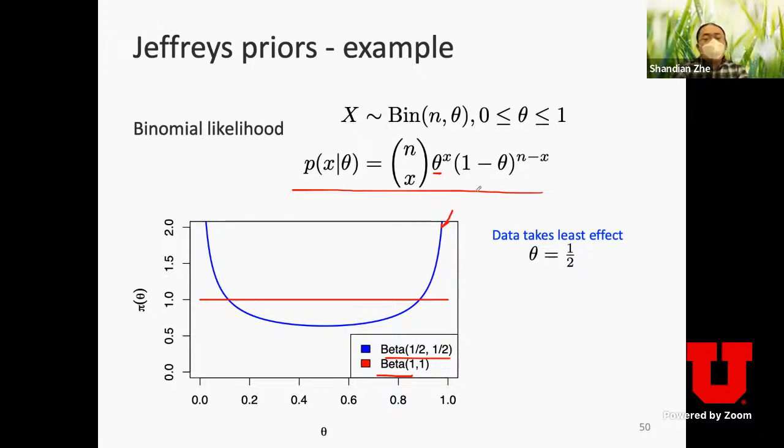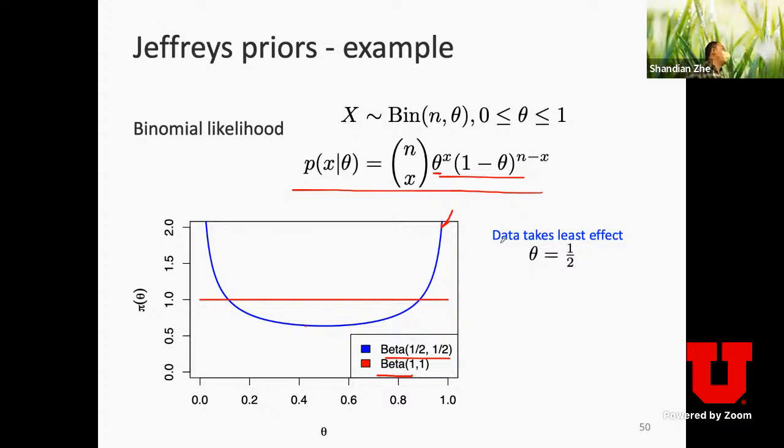If theta takes the value half, this part is just half to the power of n. The likelihood value has nothing to do with the actual observation x. So of course, if you take some value approximately surrounding half, the data will have the least effect.